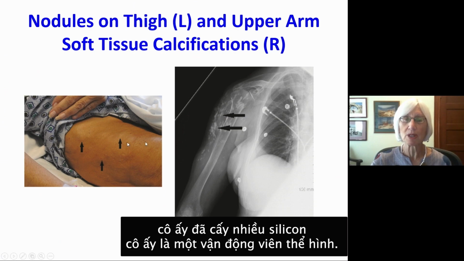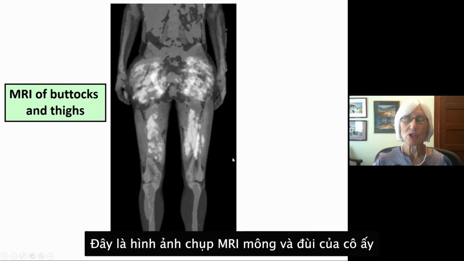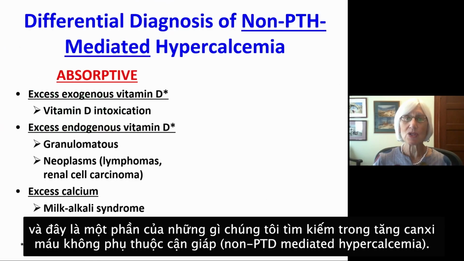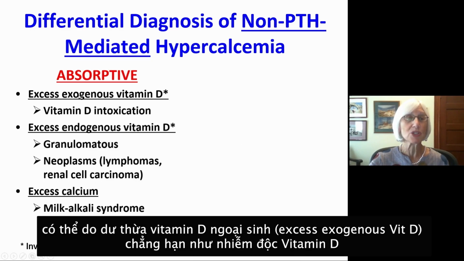She had multiple silicone implants. She was a bodybuilder, and this was an MRI of her buttocks and thighs. This is part of what we look for in non-PTH mediated hypercalcemia, what I like to call the absorptive hypercalcemic, which can be from excess exogenous vitamin D, such as vitamin D intoxication.